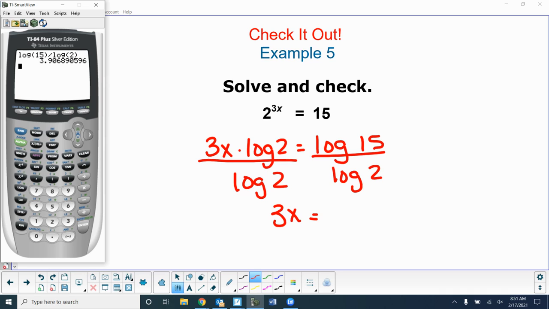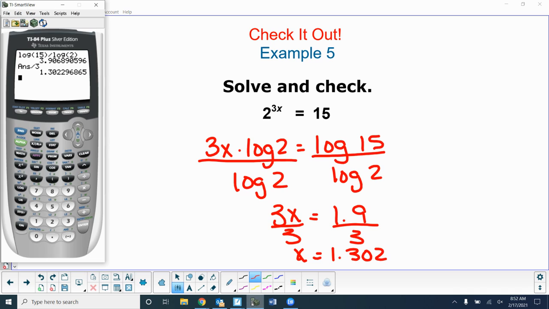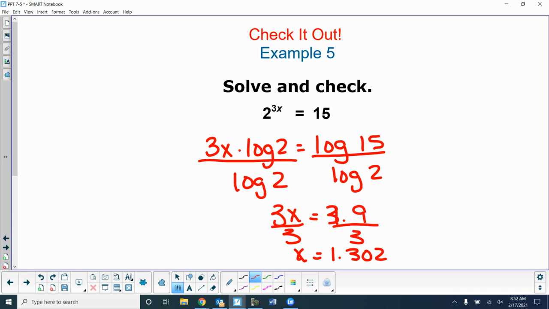All right, you got that 3.90. And then divide by your 3 and 1.302. Oh, well, that wasn't 1.9, was it? 3.9, sorry. Okay, making sense?